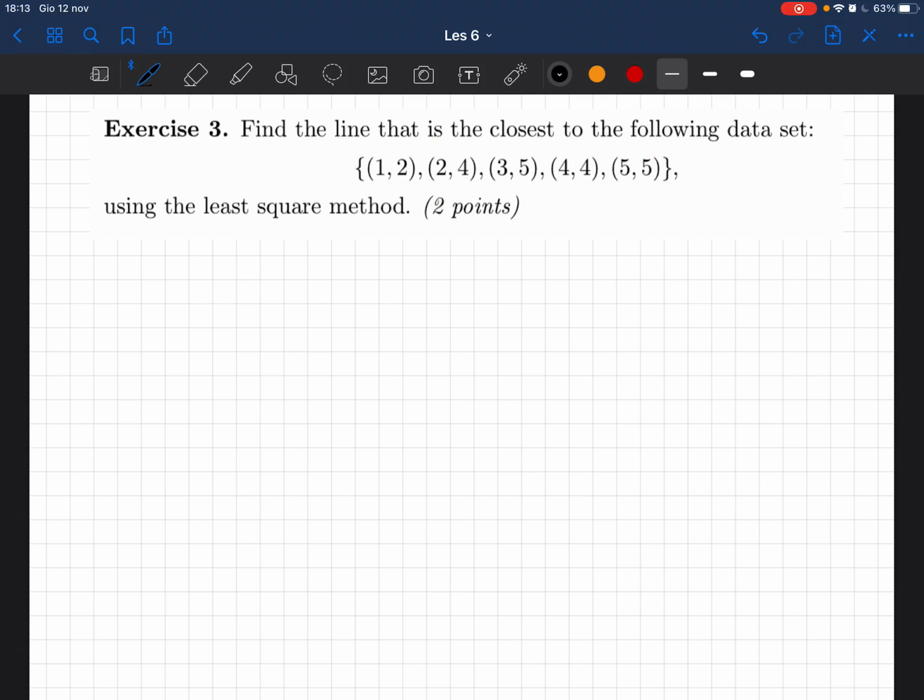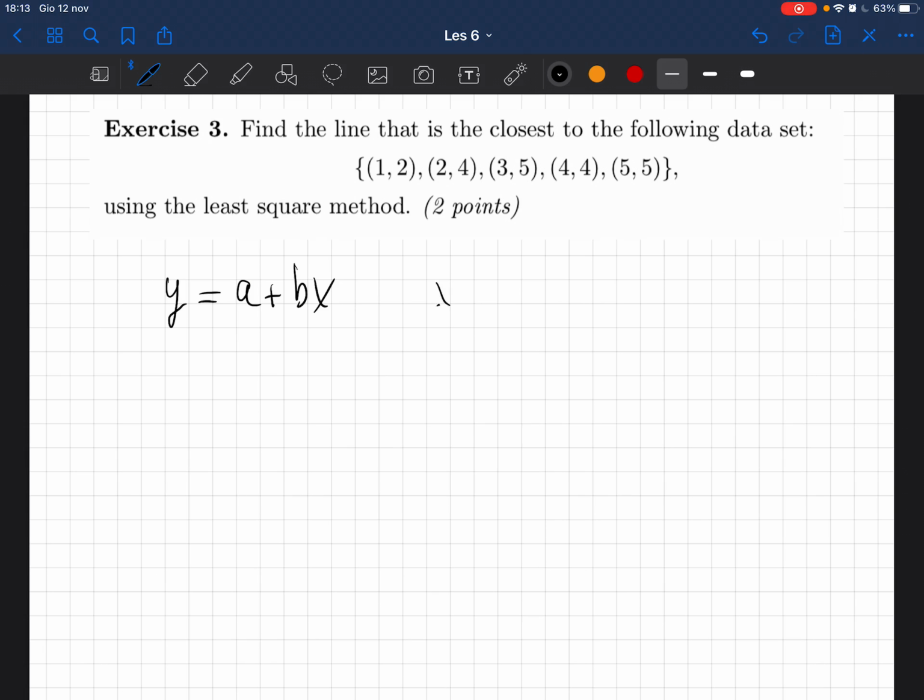Find the line that is the closest to the following data set. Let's look at a line of this form, a plus bx. You see that this has 2 coefficients, and this is what we want to know.